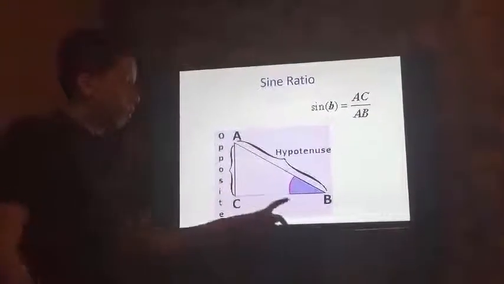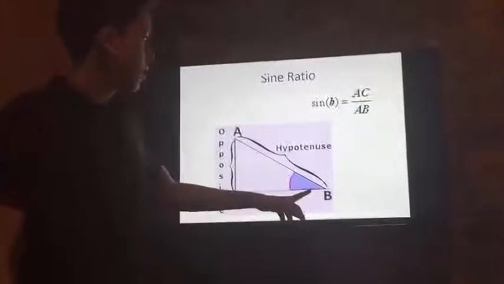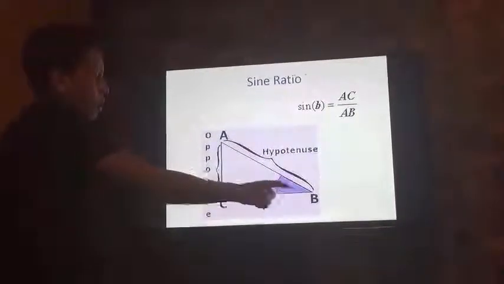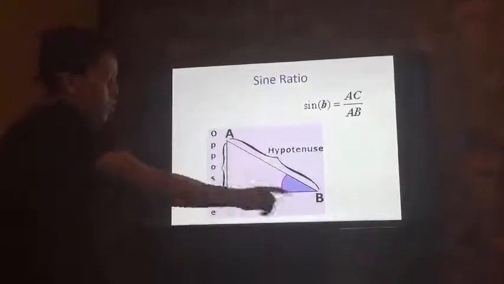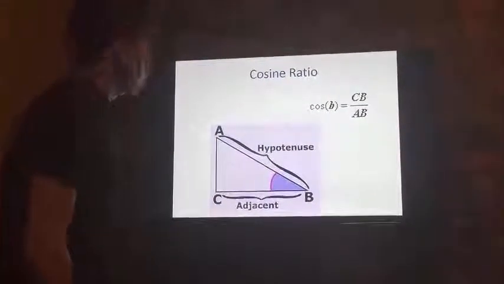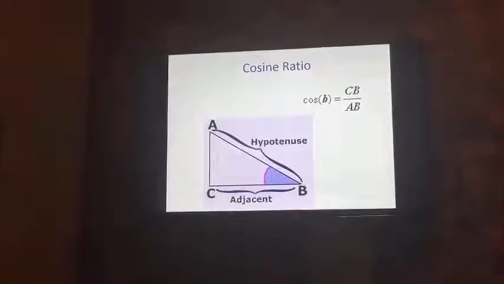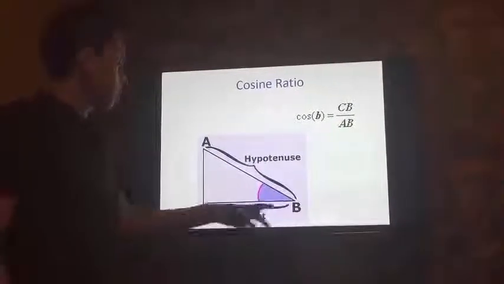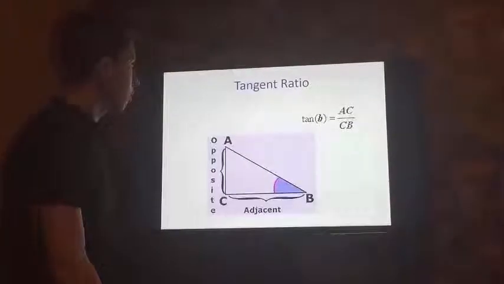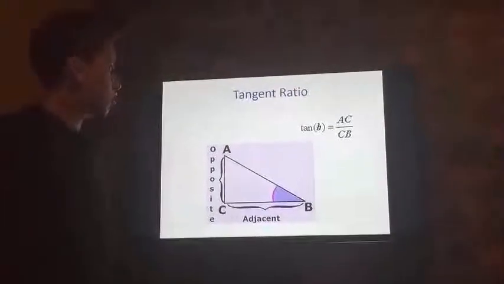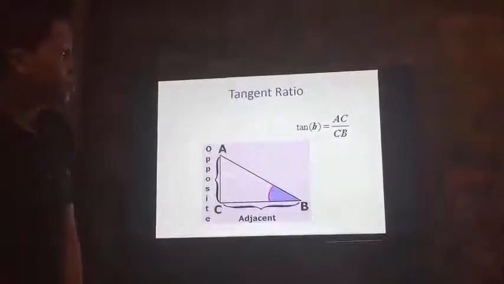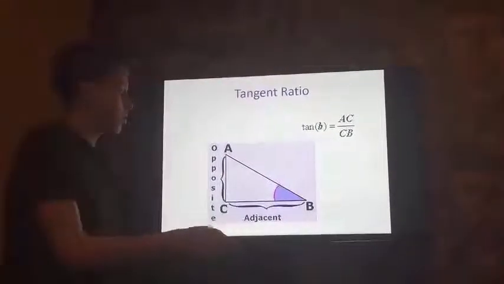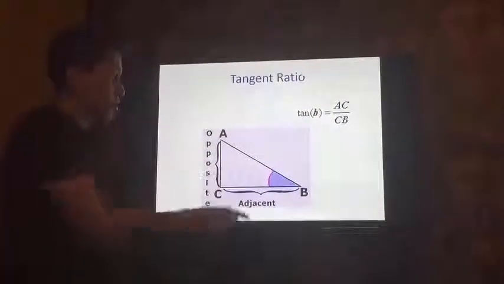So if you want to find sine B, you take AC divided by AB, because AB is the hypotenuse and AC is the opposite of B. Cosine ratio, it's the adjacent divided by hypotenuse, which means CB divided by AB. And the last one, tangent ratio, it doesn't include hypotenuse here. It's opposite divided by adjacent, so in this case AC divided by CB.